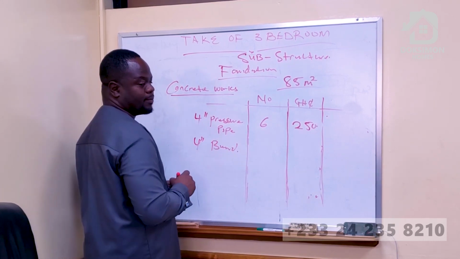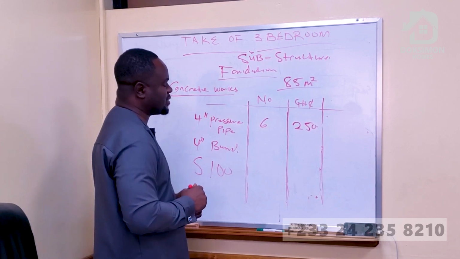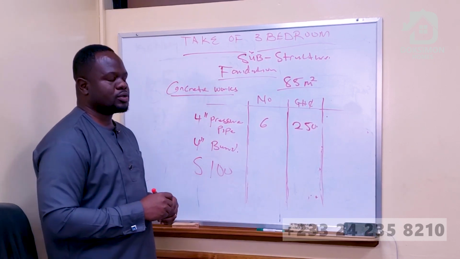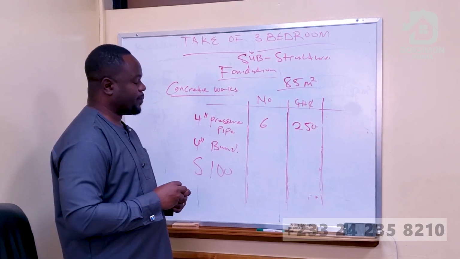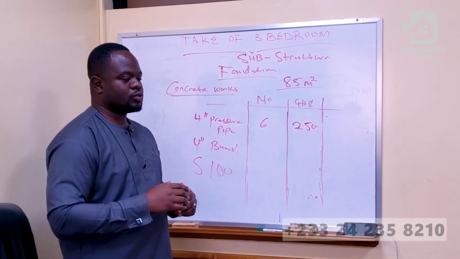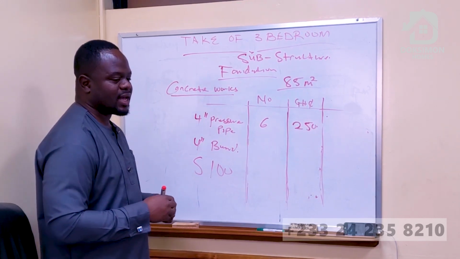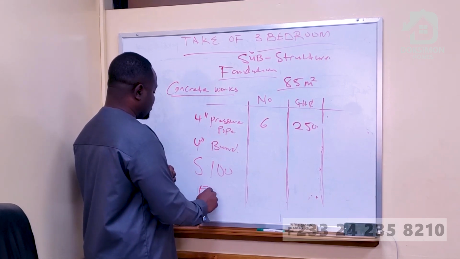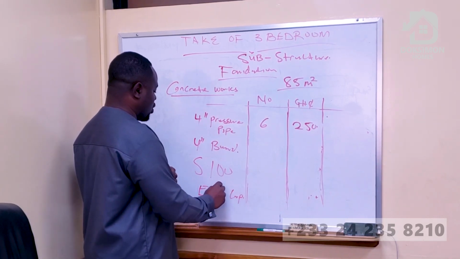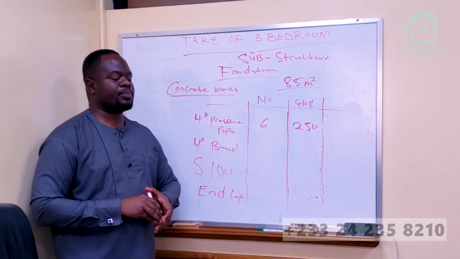We will need the S100. The S100 is a special glue that we use in bonding the pipes. When we cut, 2 pipes are joined together, we use the adhesive called the S100. Then we need an end cap. The end cap is needed because, at that time, we are not going to use the building.